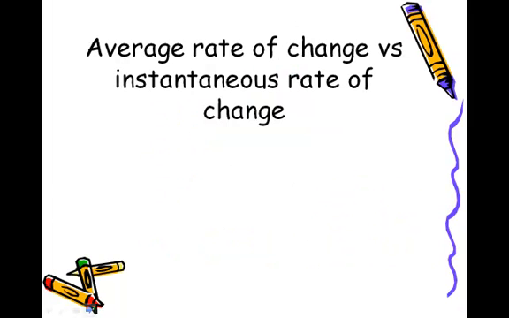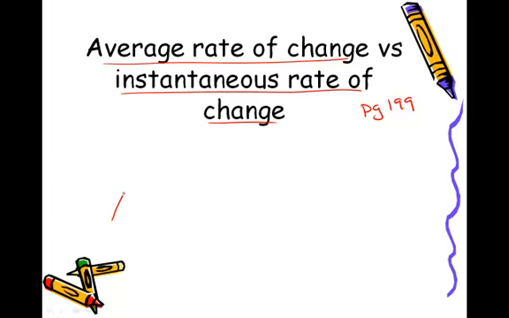If you'll move ahead now and take a look at page 199, we'll talk for just a minute about average rate of change versus instantaneous rate of change. You can see that they have a diagram of a young man and his growth chart, and they want to find out how fast he is growing at a particular point P. Well, you see that if we take point P and another point D, I can find his average growth rate over this period of time.